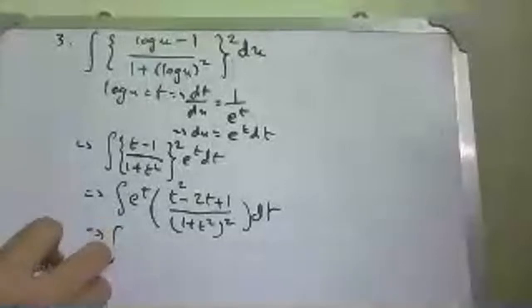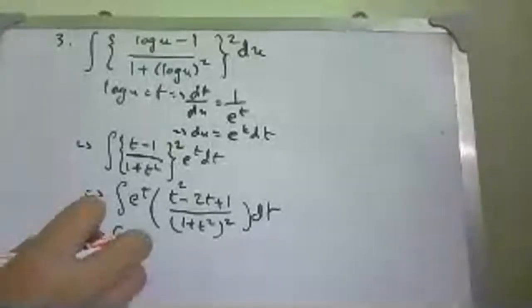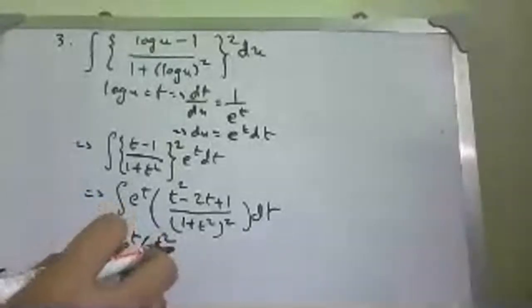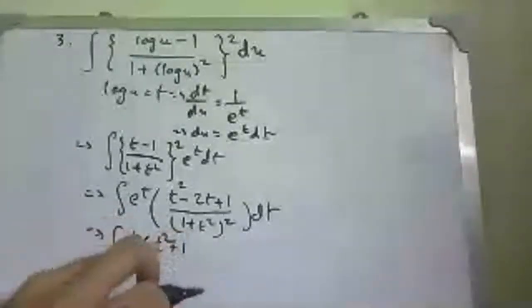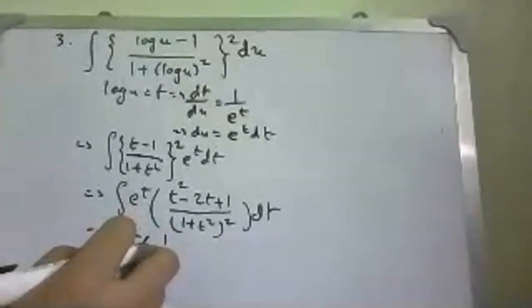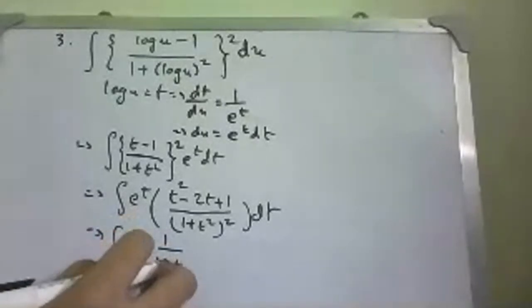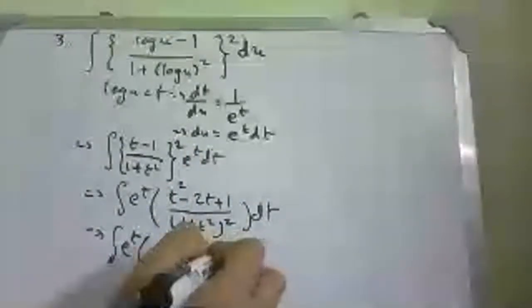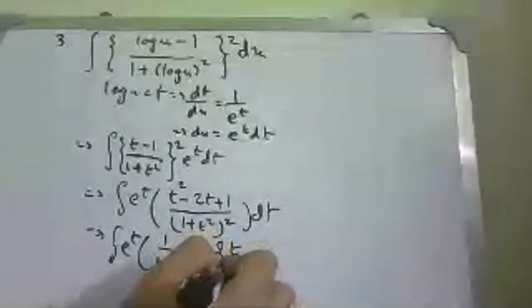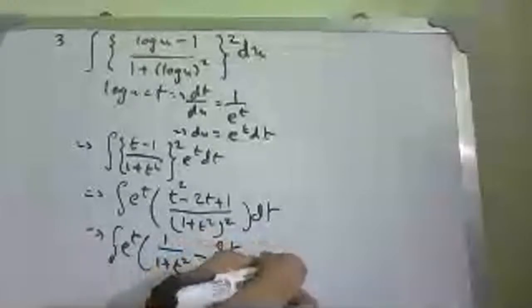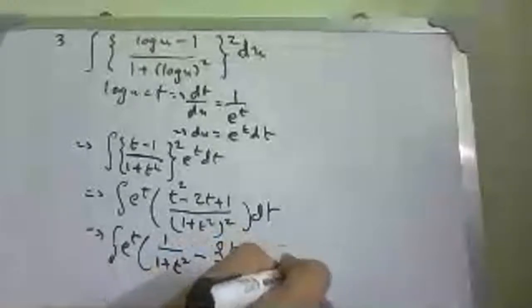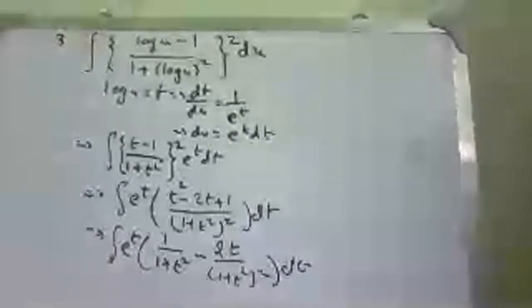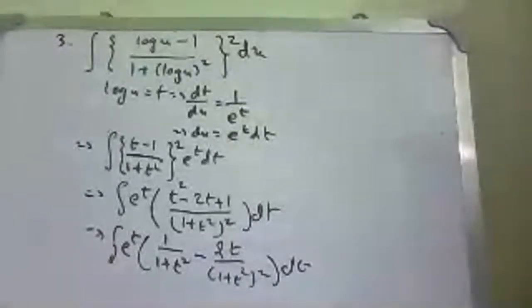And so we have integral e to the power t, squared plus 1, this is over nothing but 1 over 1 plus t squared minus 2t over 1 plus t squared whole squared dt. Okay, so obviously differentiation of this thing is this thing.